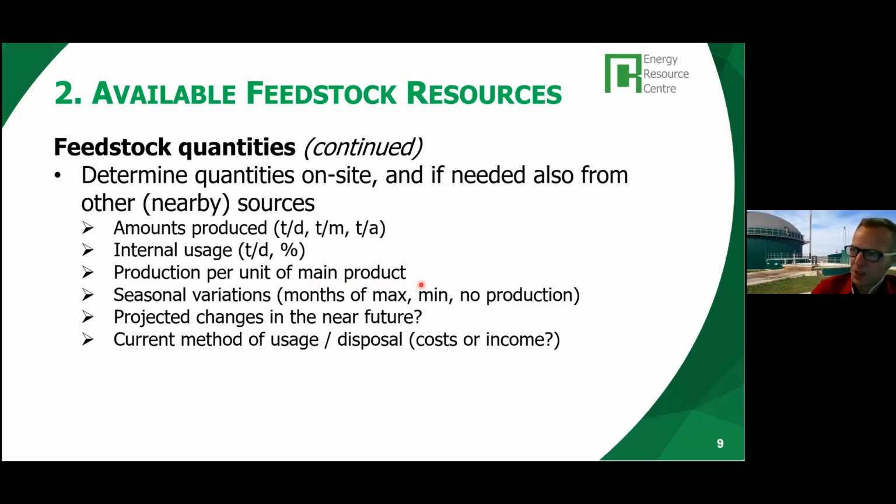This is valuable information that you can, on the one hand, relate to what you find in literature, or on the other hand, you can use the literature information and combine it with the production data of your factory, so that you can arrive at an estimation of the quantity of biomass that would be available.